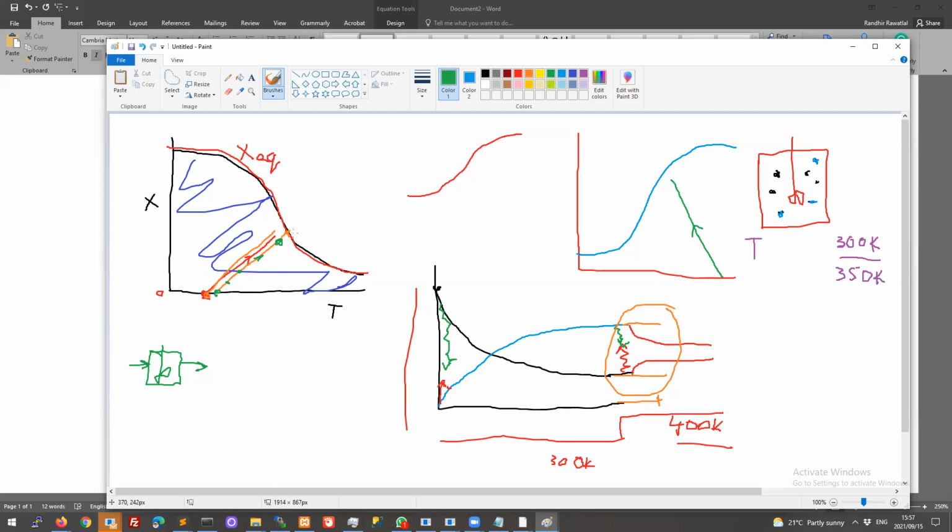And if you go to, let's say, 5 times that, somewhere right here, even though you have 5 times the conversion, this might be 1,000 times the volume or 10,000 times the volume. That's because here the rate is so low that you need a crazy volume to achieve any kind of conversion.